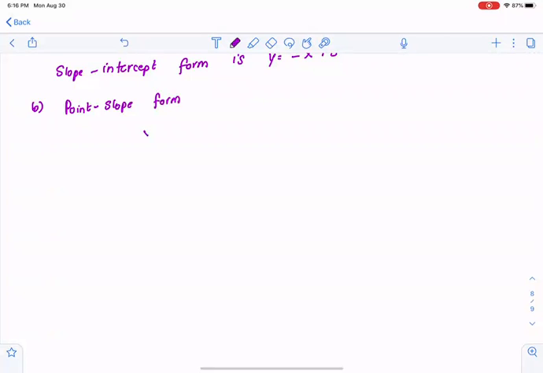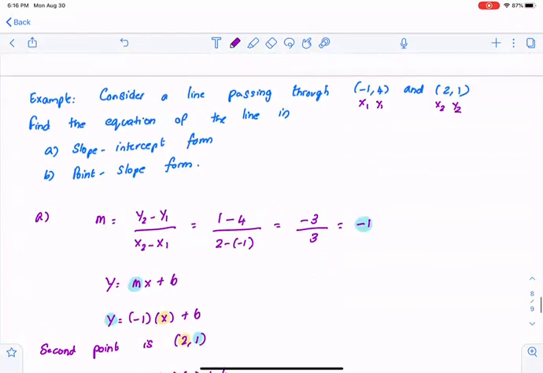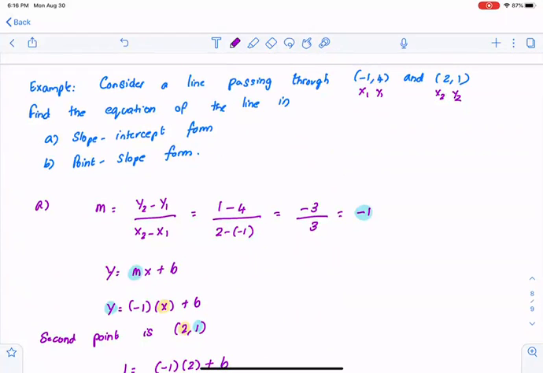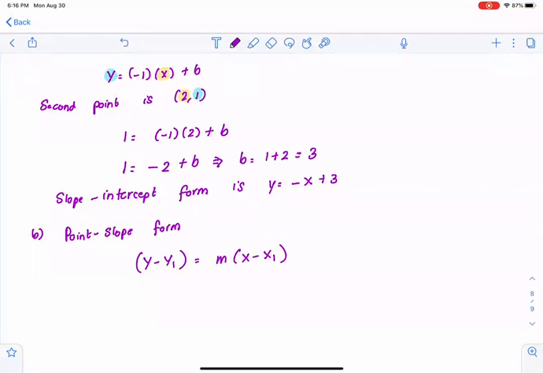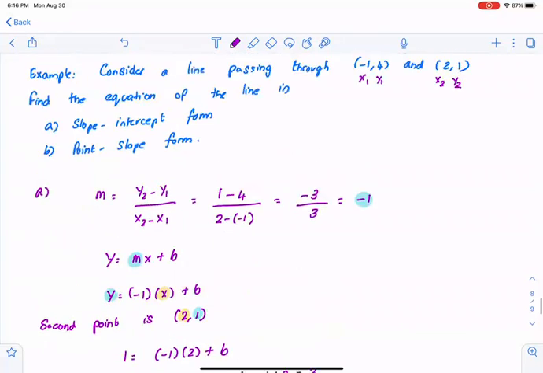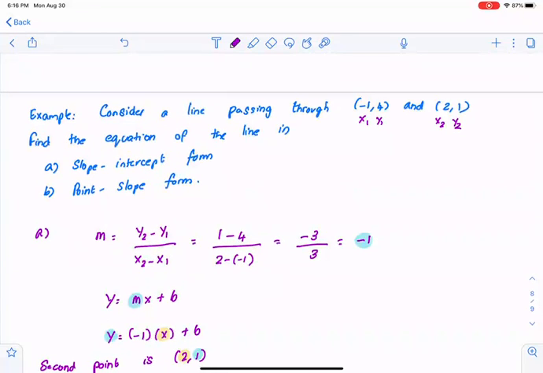We know the form, which is simply y minus y1 is equal to m times x minus x1. And I know the point x1, y1. Since we can pick whichever point we want as x1, y1, it really doesn't matter whether you plug in x2, y2 or x1, y1 in this general formula. So I'm going to stick to what I chose as x1 and y1, which is (-1, 4).